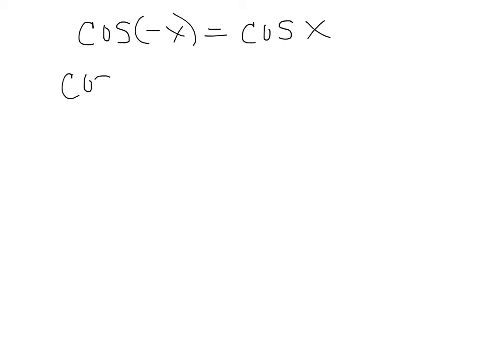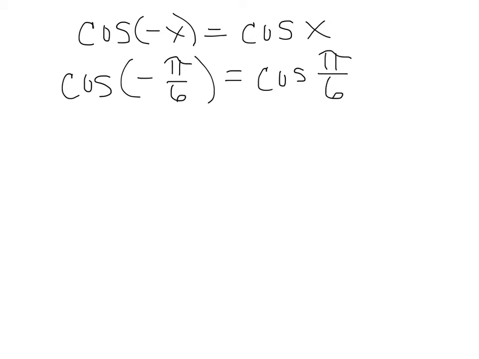So if we have the cosine of negative pi over 6, is that equal to the cosine of pi over 6? Using the reference triangle, we need to find the cosine of a 30-degree angle. So here's 30, here's 60. We have 1, root 3, and 2.